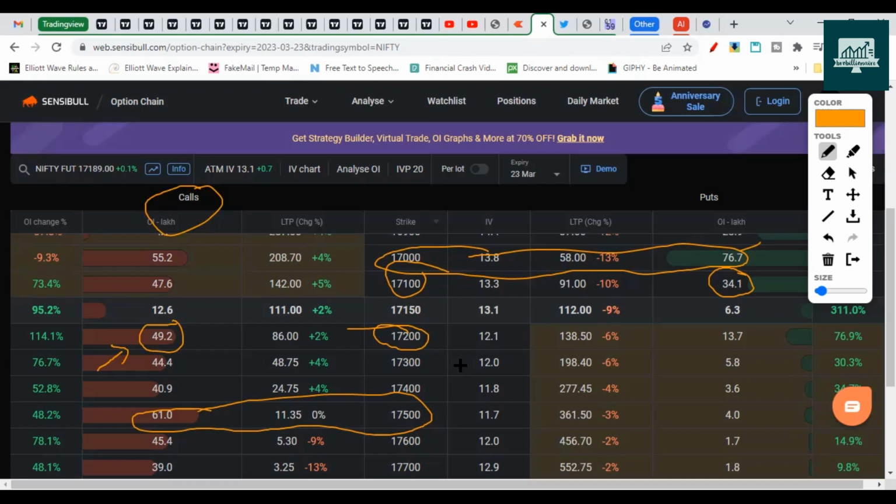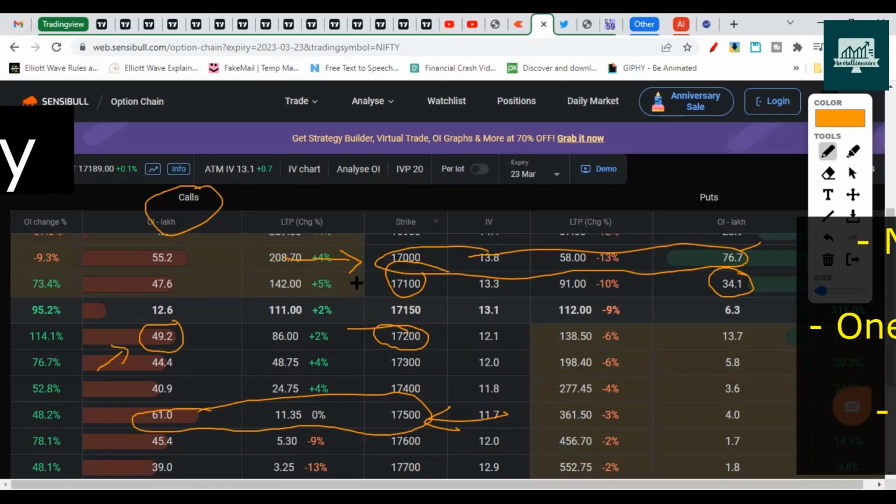So 17,100 to 200 is another smaller range, and 17,000 to 17,500 is the major range for this expiry. If Nifty has to go bullish, it has to cross this level, and if it has to go bearish, it has to break below 17,000. This is how we can read the option chain, and this is what the option chain data suggests.